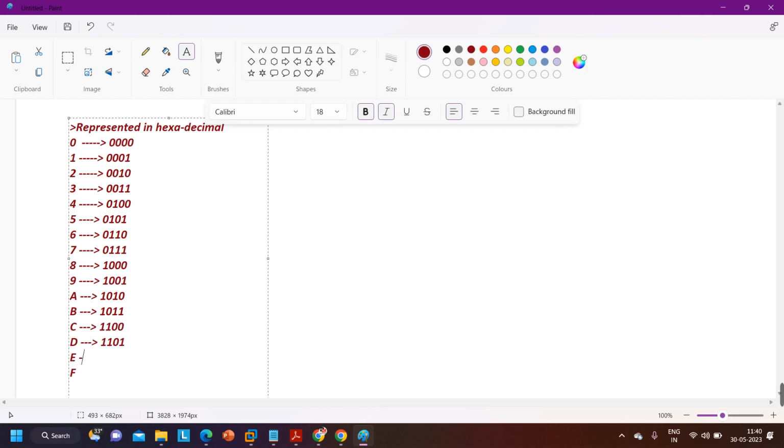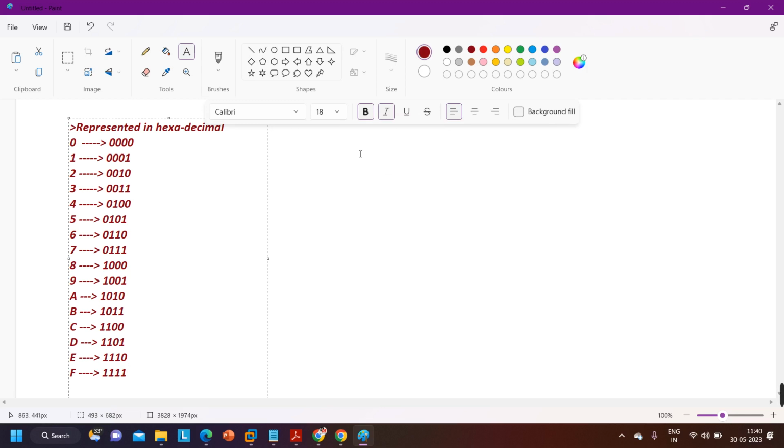After that, E is 1, 1, 1, 0. And F, the last one, will be all 1s. So you need 4 bits. If all 4 bits are 0, the hexadecimal character is 0. If all bits are 1, the hexadecimal character is F. Getting my point?